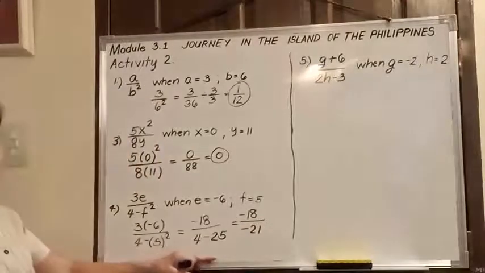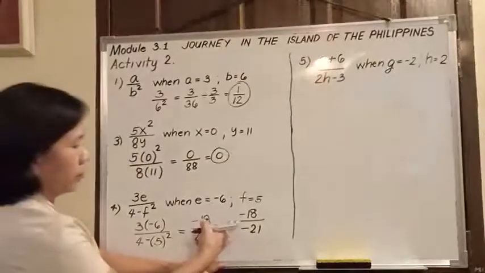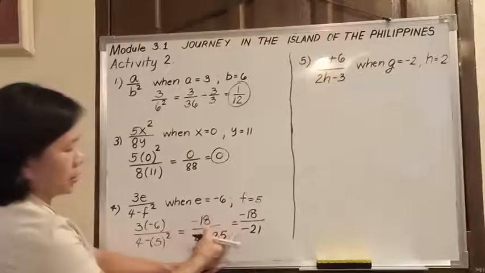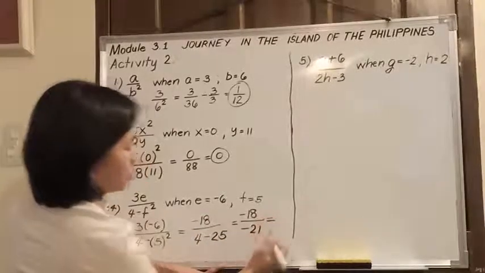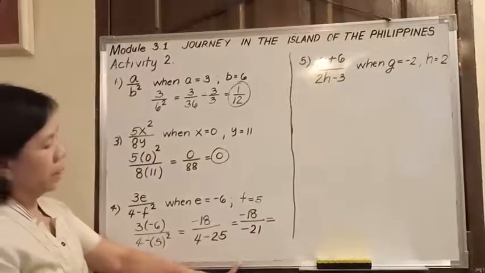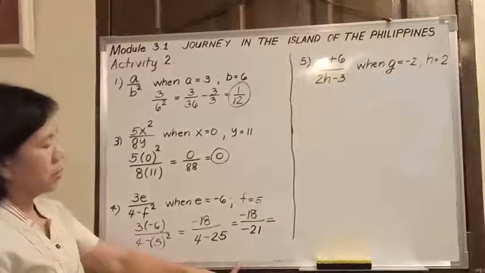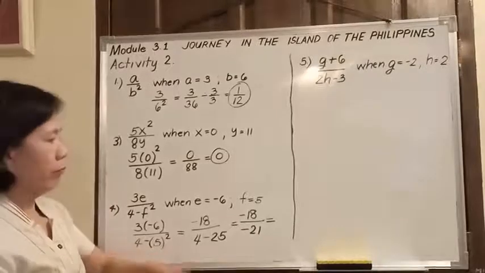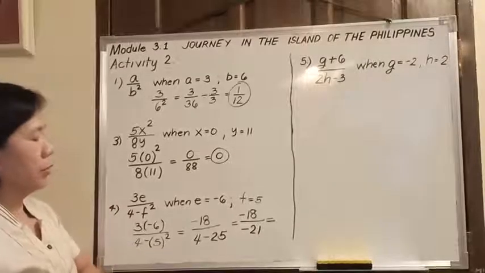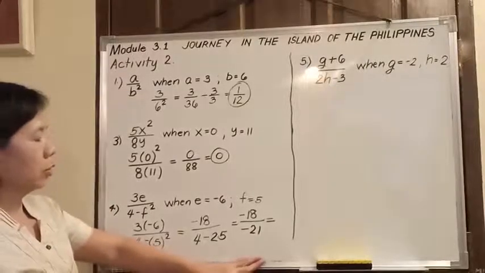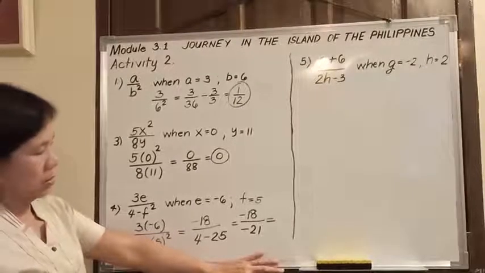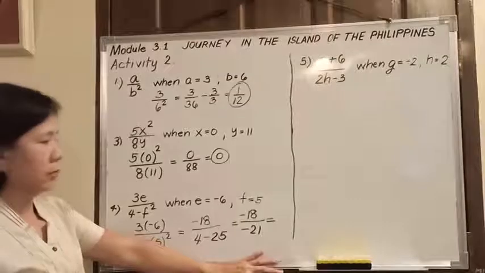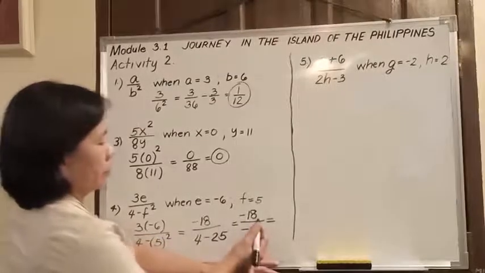Okay, you can still get the lowest term. Lowest term, negative, divide the sign. Simplify the sign. Negative divided by negative is positive. So, quotient will become positive. Then, what is the greatest common factor of 18 and 21? What number can be divided into both 18 and 21? By 3. 18 divided by 3, you divide 18 by 3.